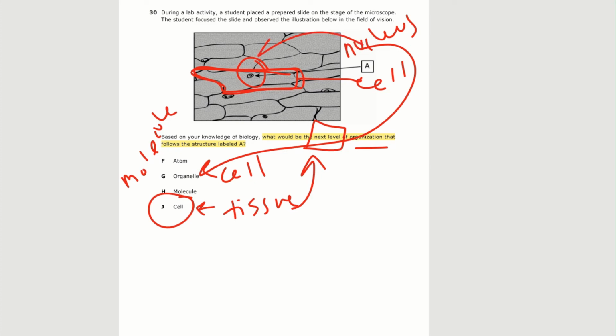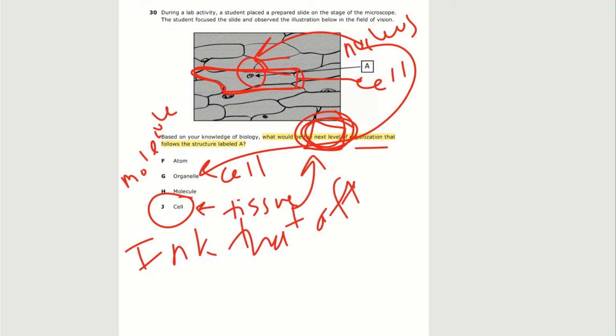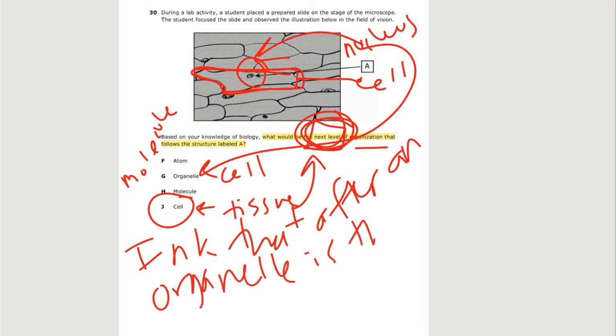This is an organelle. It's a nucleus. What is next is a cell. I now know that after an organelle is the cell, right? What's after your heart, your brain, your lungs, or your body, right? Or the system, but that's not here either. So the cell.